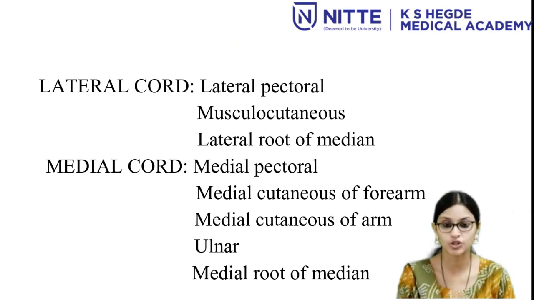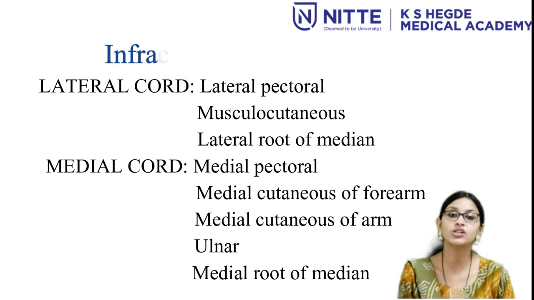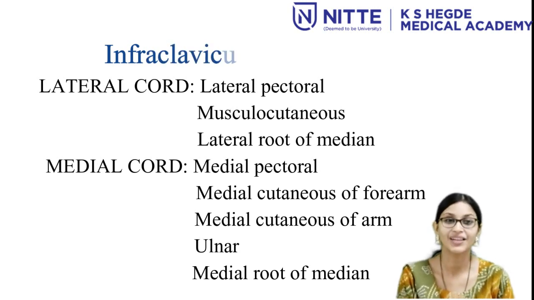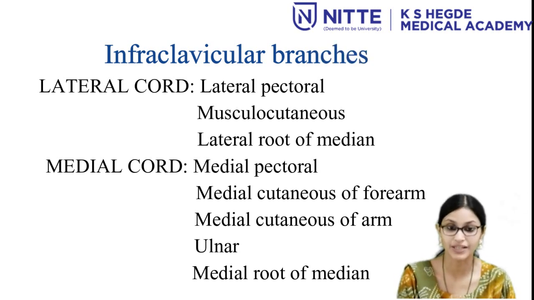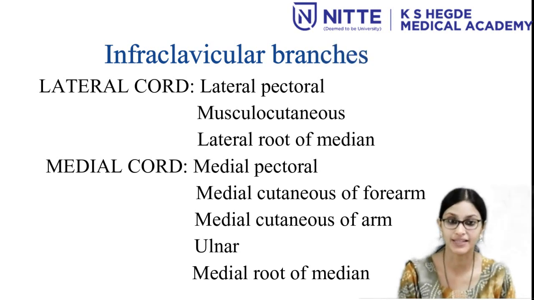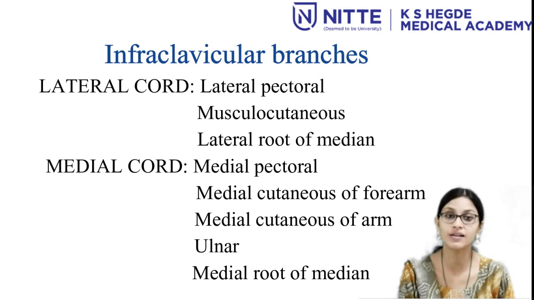Coming to the infraclavicular branches, the lateral cord of the brachial plexus gives three branches, that is the lateral pectoral nerve, musculocutaneous nerve and lateral root of the median nerve. The medial cord of the brachial plexus gives five branches, that is the medial pectoral nerve, medial cutaneous nerve of the forearm, medial cutaneous nerve of the arm, the ulnar nerve and the medial root of the median nerve.